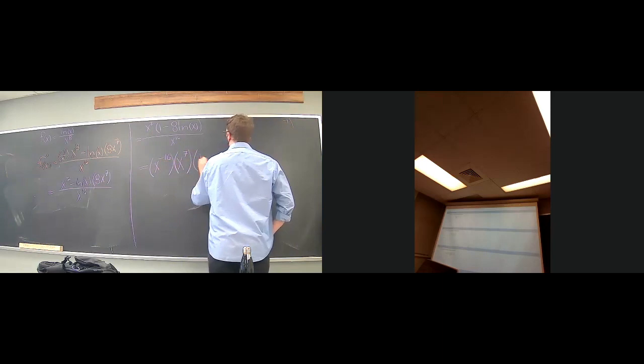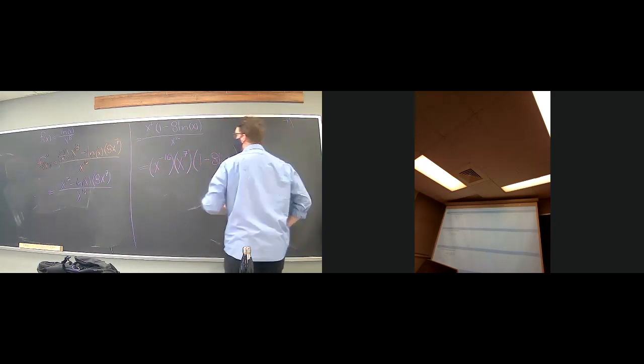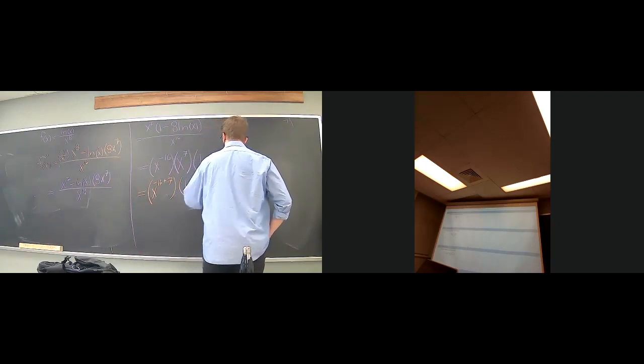So I'm pulling the denominator up. And to do that, we just have to make that exponent negative, and we can rewrite it this way. We're going to get 1 minus 8 ln x in this term, or this factor rather. Now these share a base, so we combine them under exponent rules, right? When we do, we get x to the negative 16th plus 7 times 1 minus 8 ln of x.